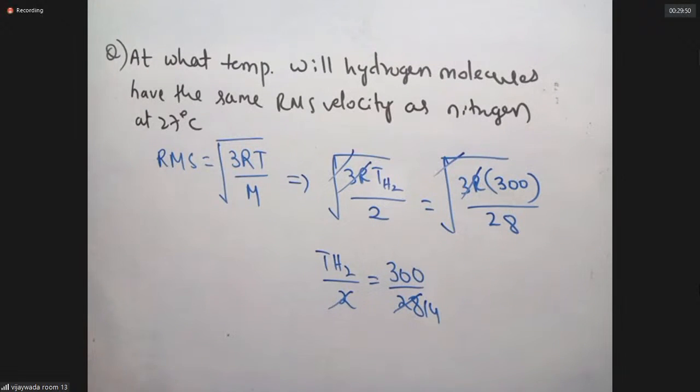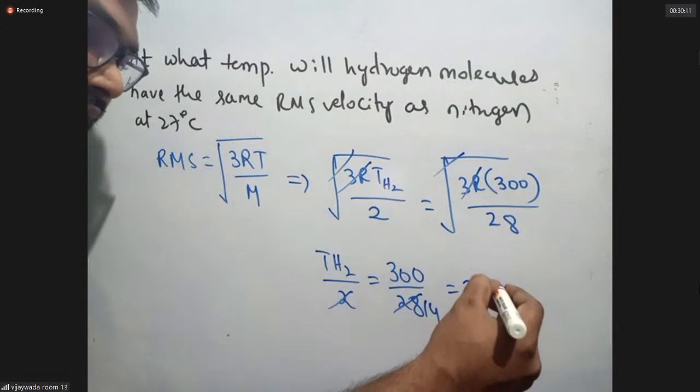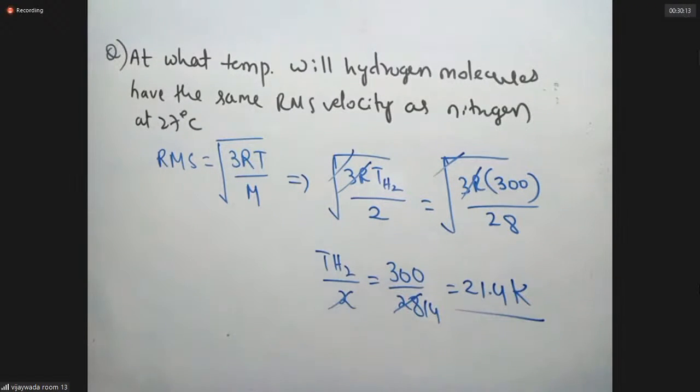Students, 300 by 14. What is the value? 300 by 14. So the answer is 21.4 Kelvin. So that is the answer, students.